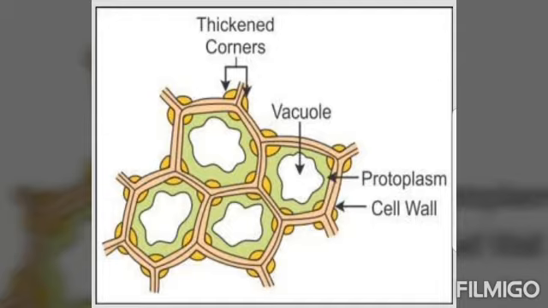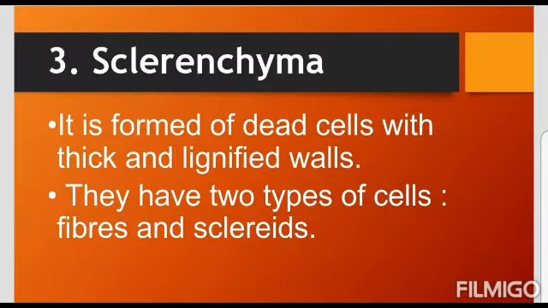Collenchymatous cells may be oval, spherical, or polygonal and often contain chloroplasts. These cells assimilate food when they contain chloroplasts. Intercellular spaces are absent. They provide mechanical support to the growing parts of the plant, such as young stem and petiole of a leaf.